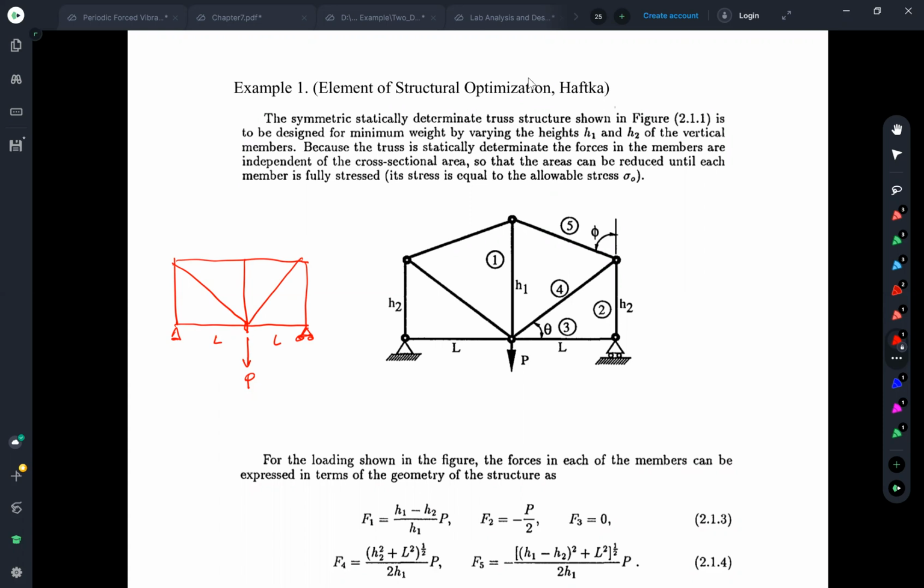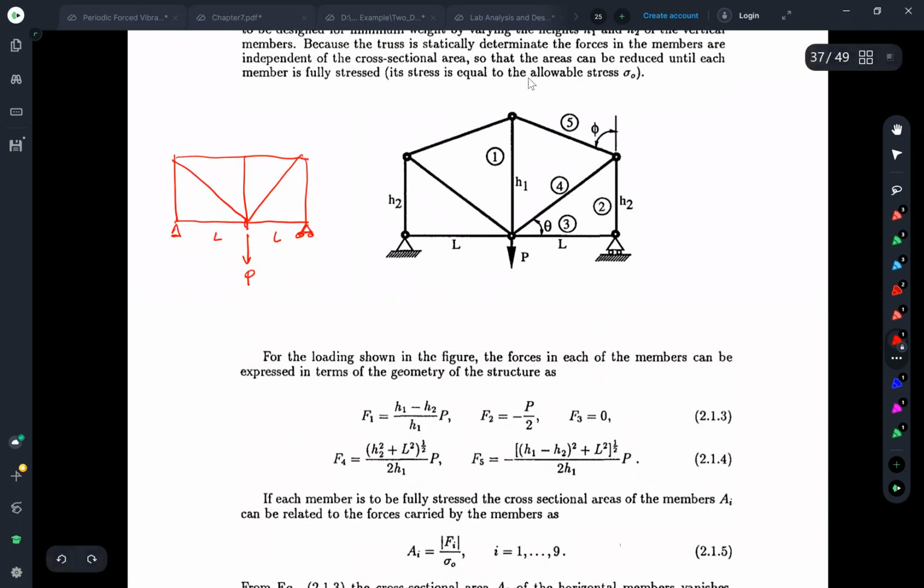Okay, this truss is a determinate truss structure. And we would like to obtain what the minimum weight will be. In many cases, if your truss has minimum weight, it means this truss is the cheapest as well. It's implied, because when we buy the steel member, they ask us about the weight.